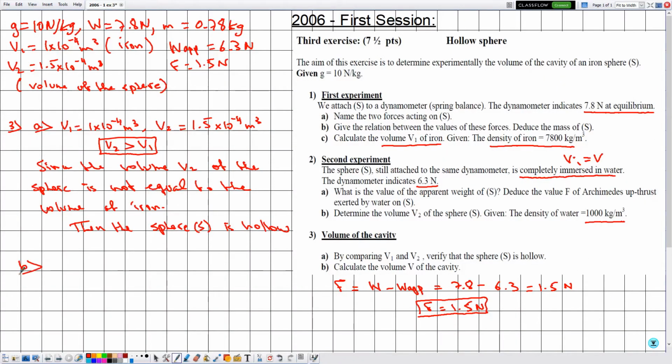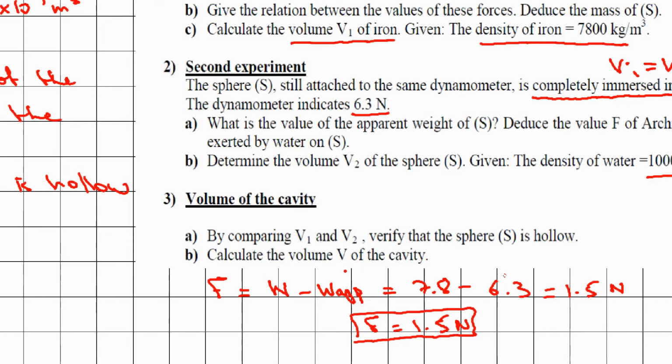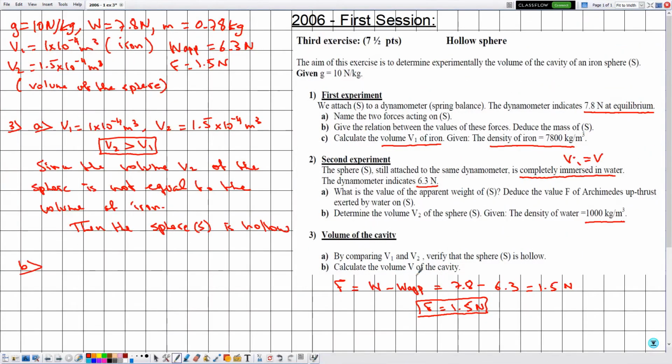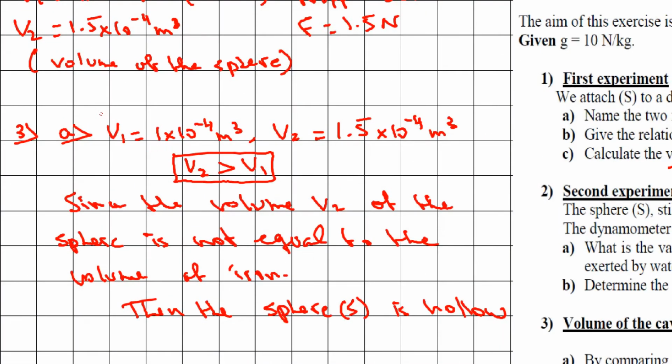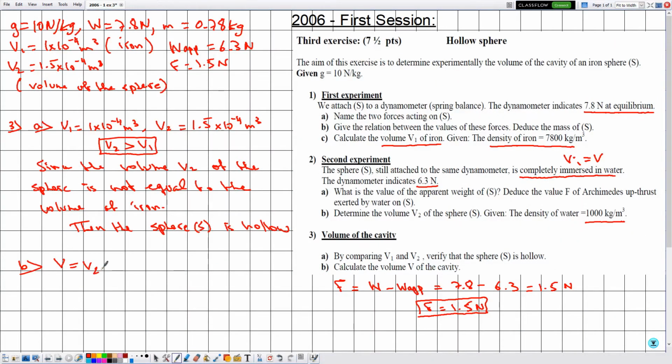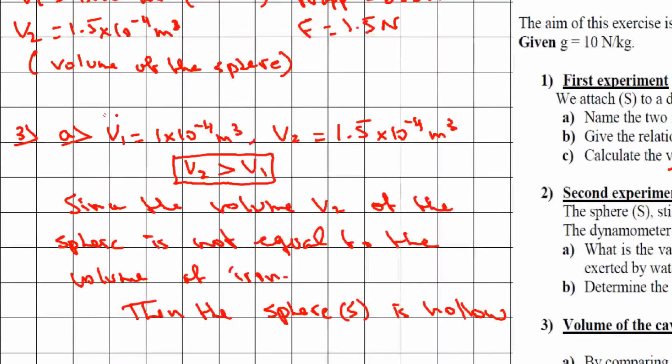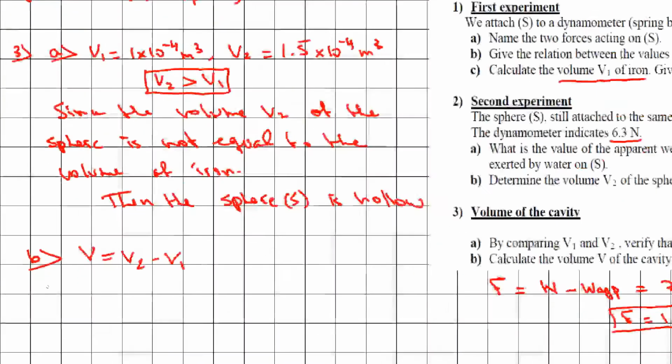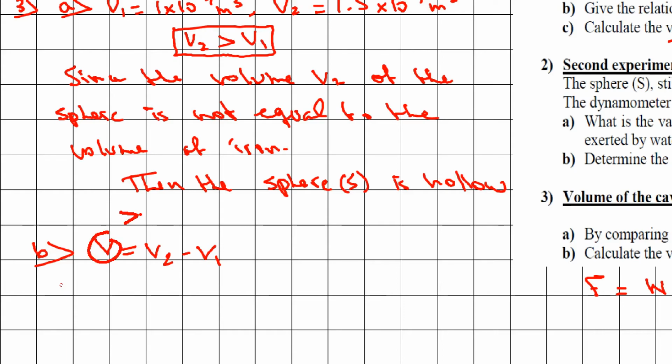Now in part B, calculate the volume of the cavity. As I have stressed earlier, the volume V of the cavity is due to the difference between these two volumes. So we will subtract, V2 minus V1. Why V2 minus V1 and not V1 minus V2? Because simply V2 is larger than V1 and the volume of the cavity must be positive.